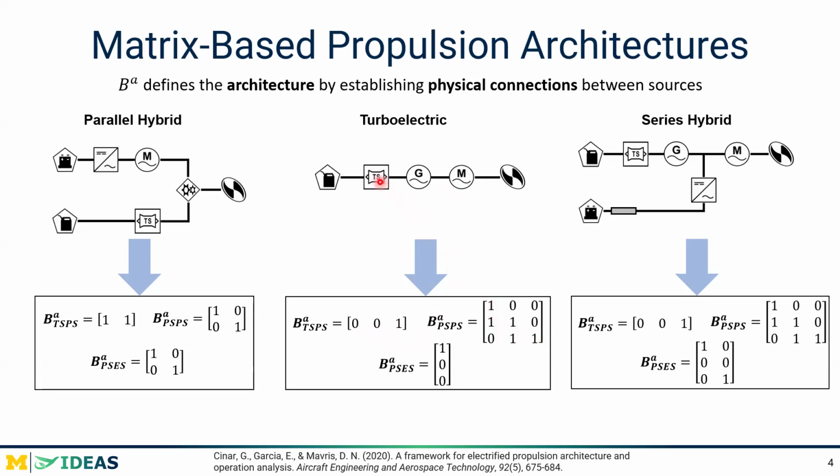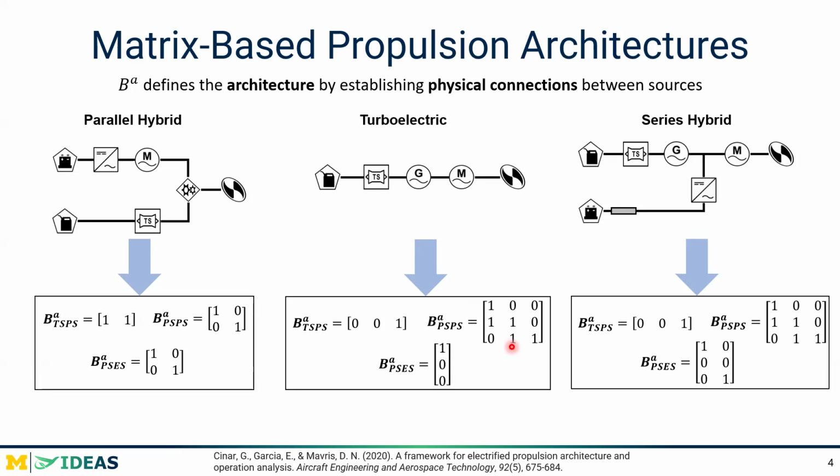But then the turboshaft is driving the generator. So the first power source is driving the second one, hence the entry in the 2-1. And then the generator is driving the electric motor, hence the entry in the 3-2 part of the PS-PS matrix.